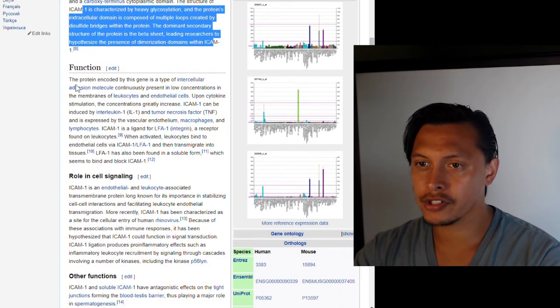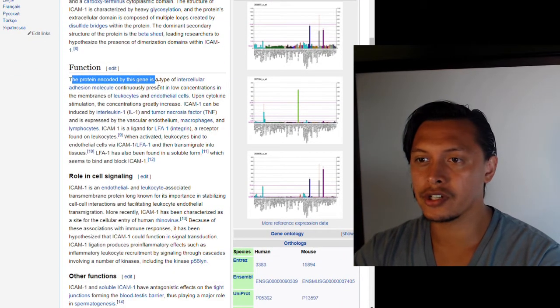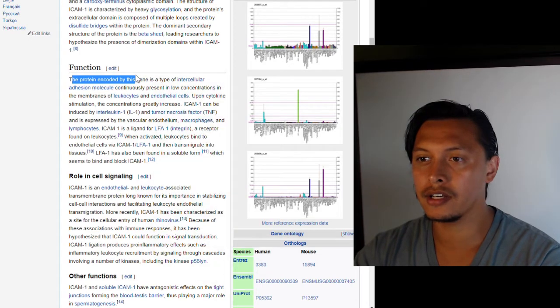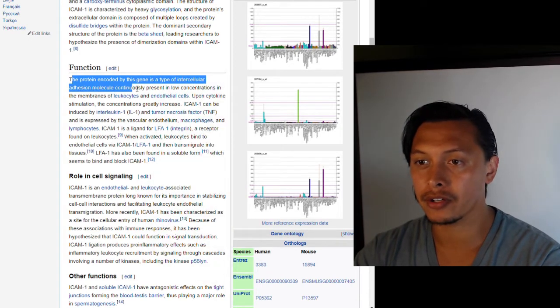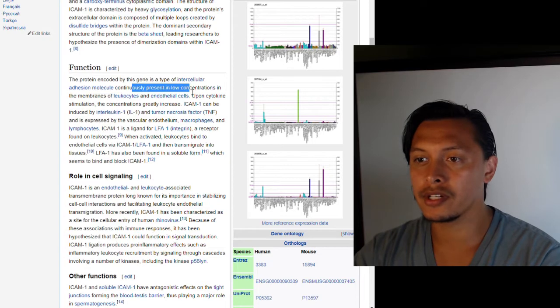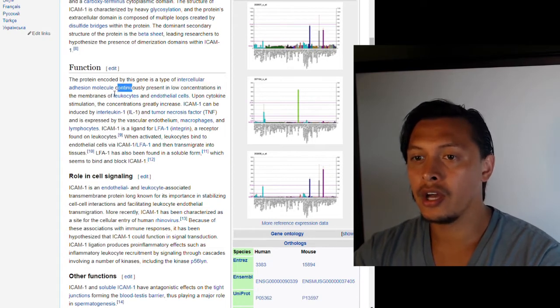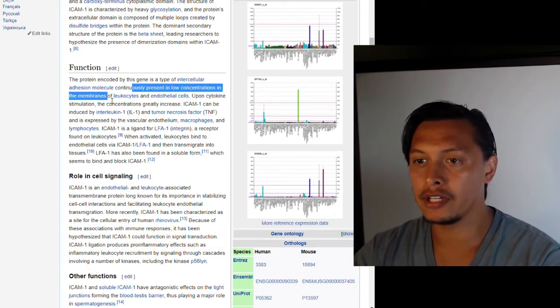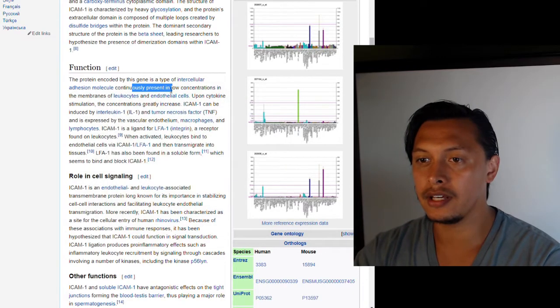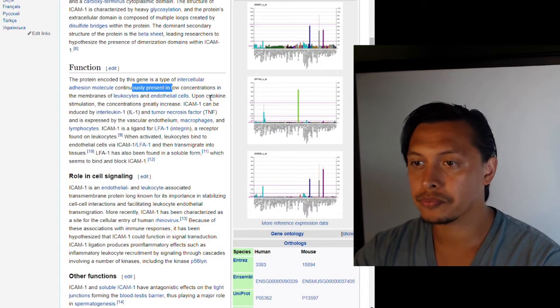So here's the function. The protein encoded by this gene is a type of intercellular adhesion molecule continuously present in low concentrations in the members of the leukocytes and the endothelial cells.